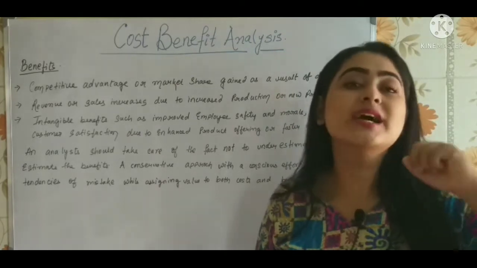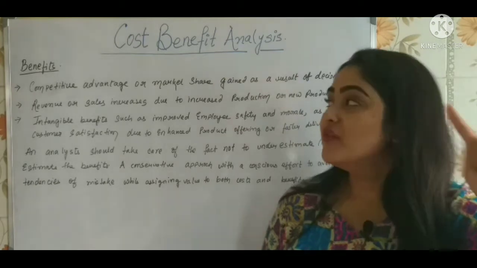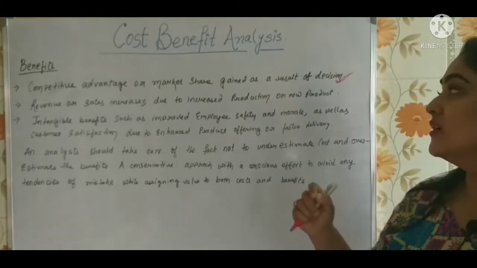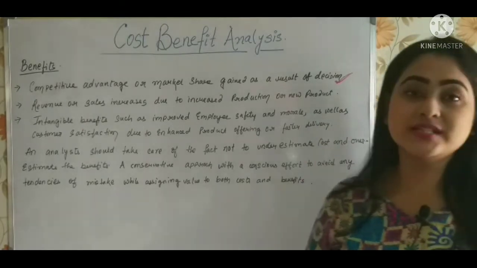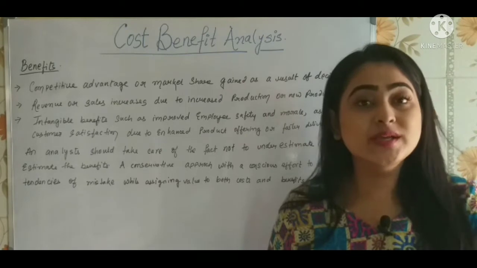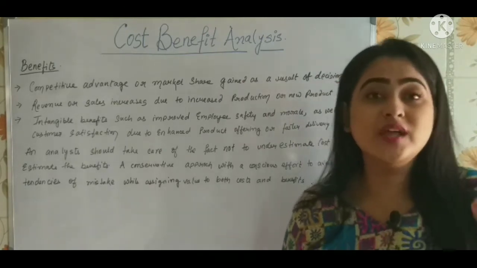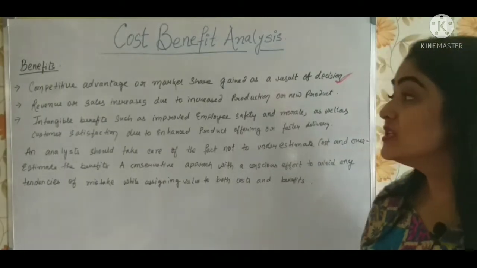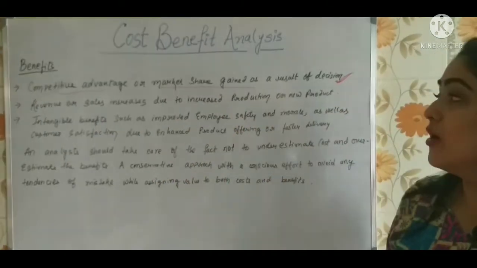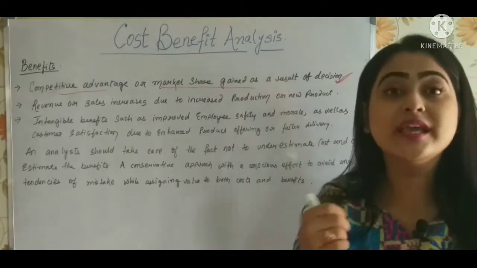What are the things that should be included? The first one is the competitive advantage or market share gained as a result of a decision. A particular decision has been taken while doing a project, and because of that decision, there is a competitive advantage or a gain in market share, isn't it?